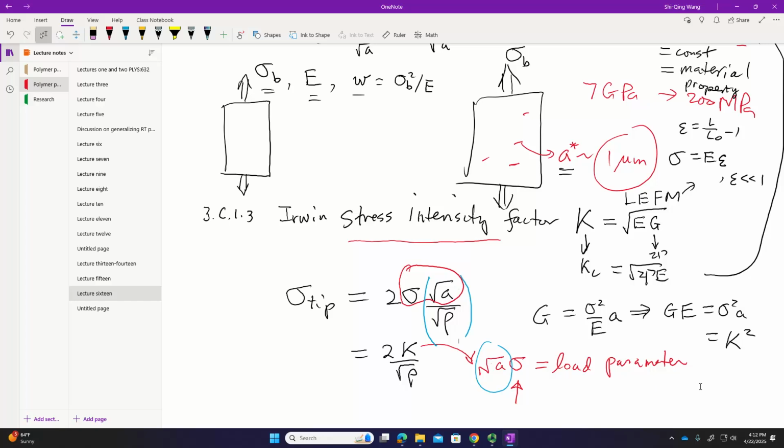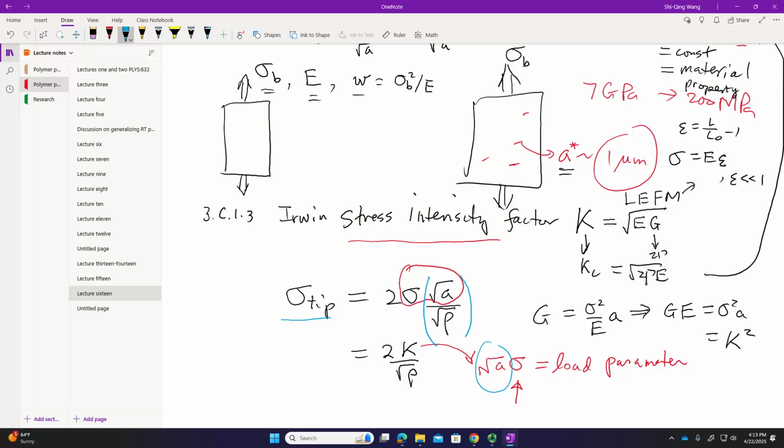It gives you the appreciation that K can be larger either by having a larger cut size notch or a larger load. It will produce the same result because the result is what's happening at the tip.